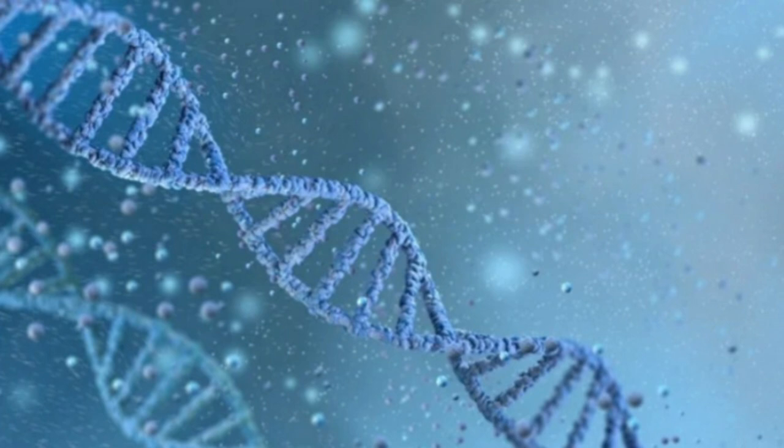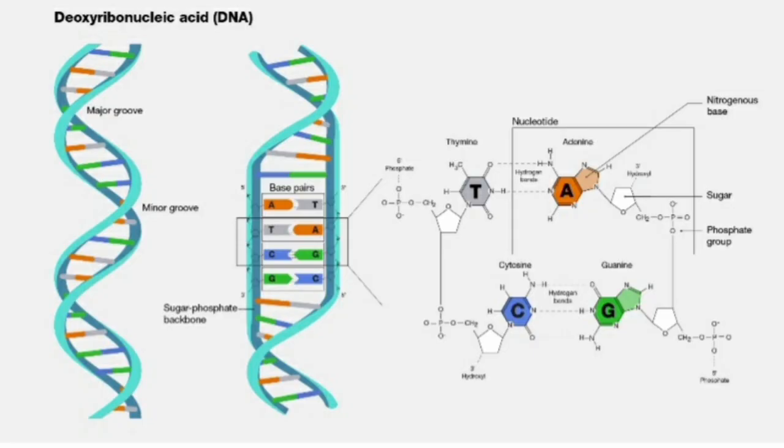So, there are mainly two basic units of genetics. They are genes and DNA. DNA or deoxyribonucleic acid is the molecule that carries the genetic instructions that are used in the growth, development, functioning, and reproduction of all living organisms.